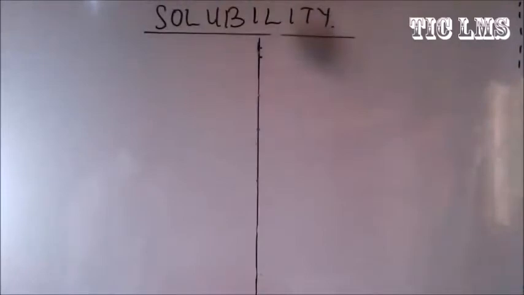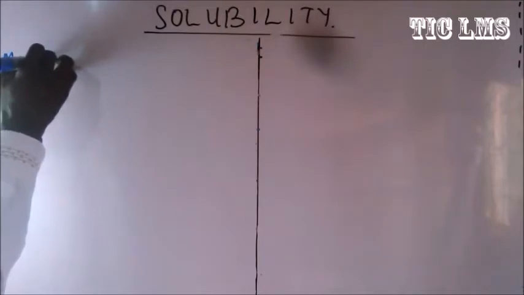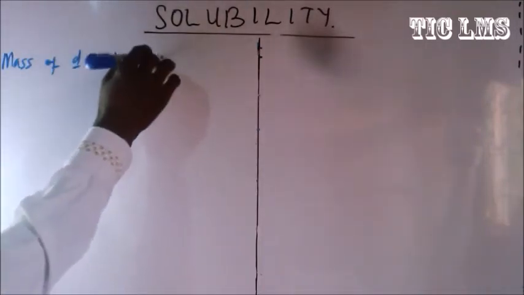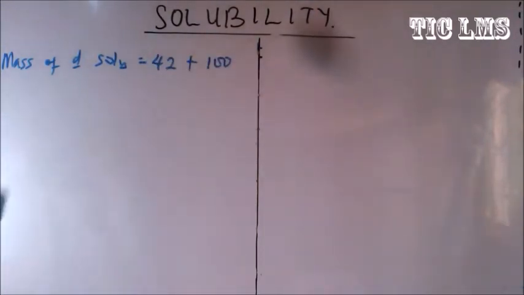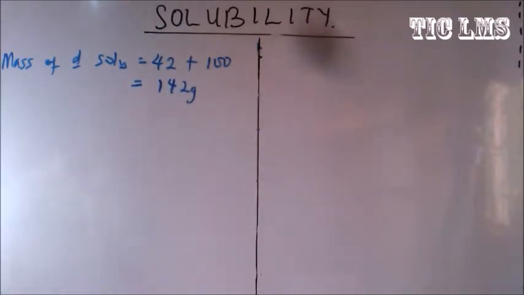Now, when we take a look at this question, we have that 42 gram of sodium chloride is in 100 gram. Hence, the mass of the solution equals the 42 gram of the salt plus the 100 gram of the solvent, and that gives 142 gram. So this is the mass of the solution.